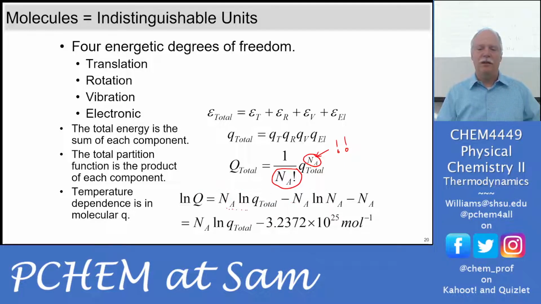This is the Stirling's approximation to get rid of that N factorial. So we will come back to this, and when we do, this little exponent is just going to appear out of nowhere, and that's why I wanted to talk about it today. It's like when we go to an ensemble, all of a sudden we have the number of particles as an exponent. Okay, and this gives us a hint as to where we're going.